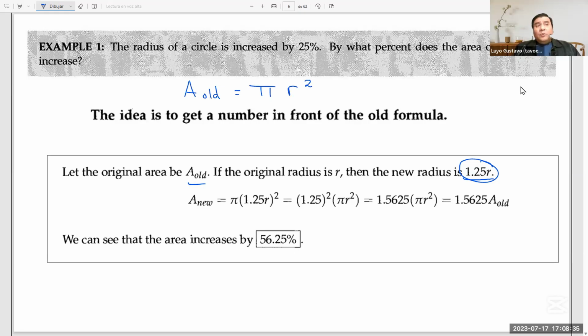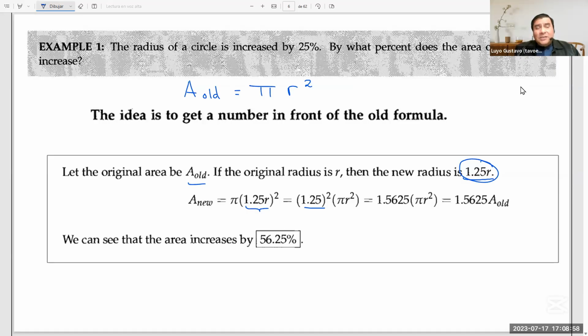Now that we have increased the radius, if we square this new radius, the square of a product means we multiply this 1.25 by itself, and also the radius by itself. And of course, we can rearrange the terms in this way.